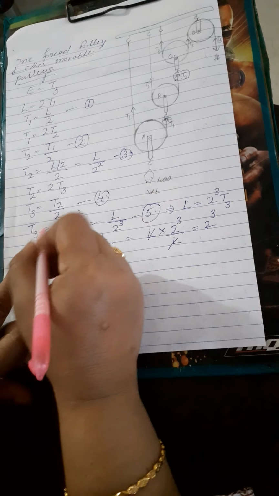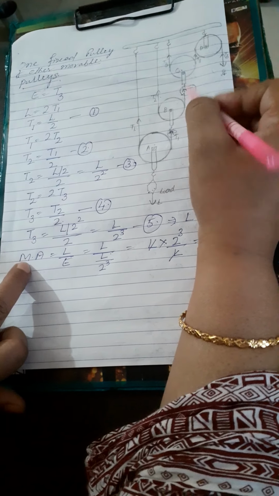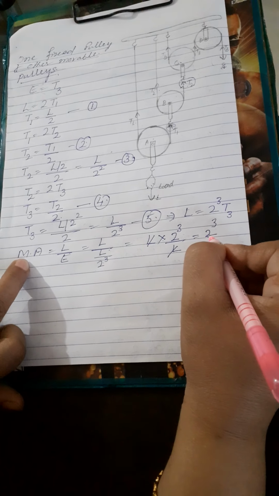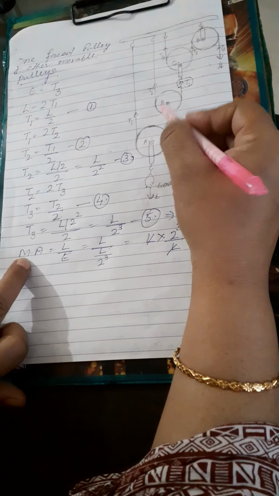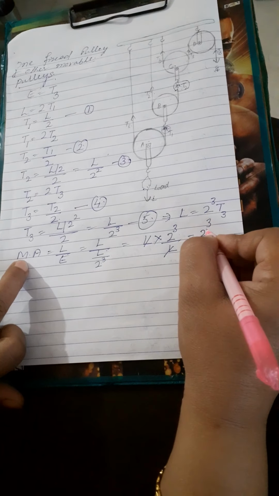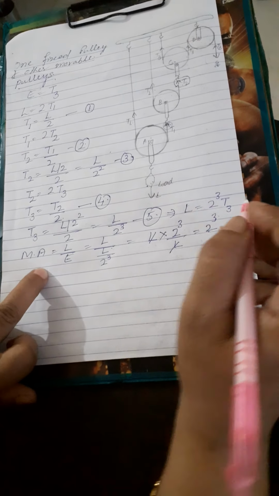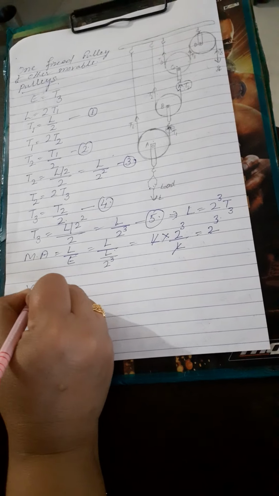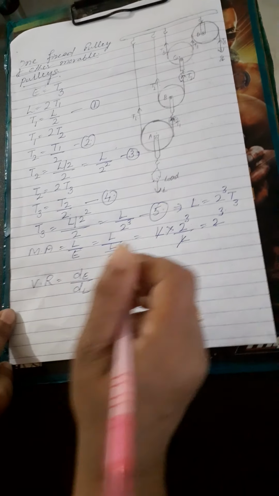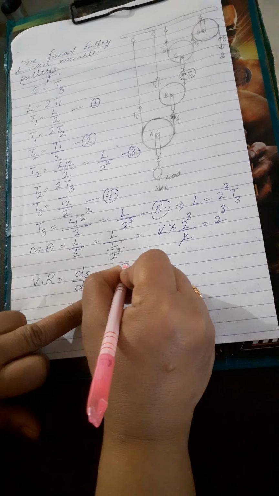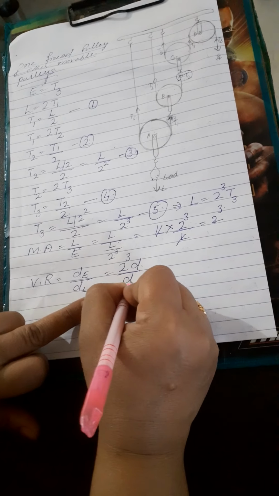Always remember, for this system of pulleys, when one is fixed, rest of the pulleys are movable, mechanical advantage will be equal to 2 raised to power, how many pulleys are movable? The number of movable pulleys in the system, you have to take as the power of 2. Then for velocity ratio also same thing, distance moved by effort to distance moved by load. It will be equal to 2 raised to power 3d divided by single d.